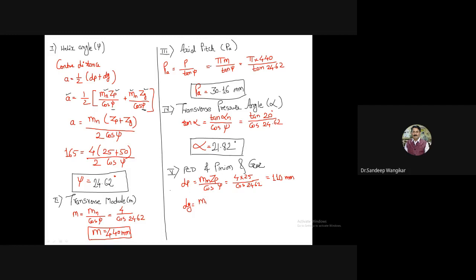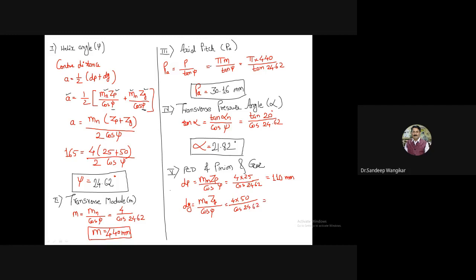dg is equal to mn zg divided by cos of psi is equal to 4 into 50 divided by cos of 24.62.